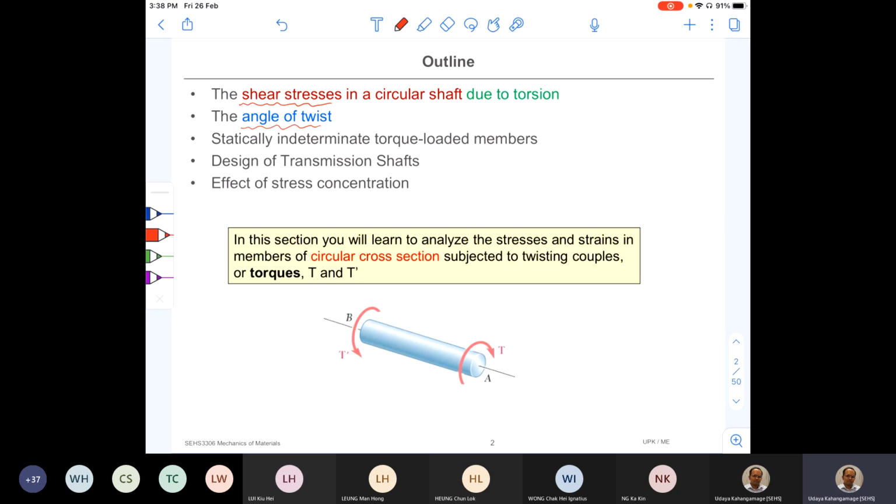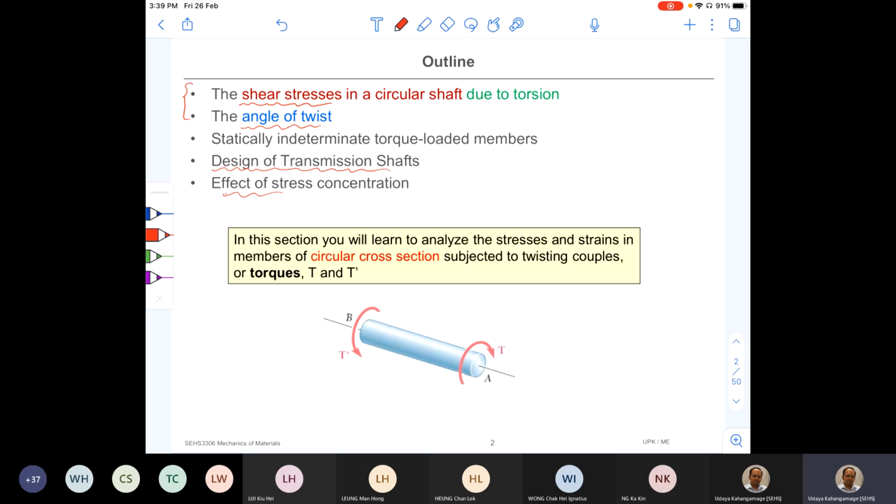Then by combining the concepts that we have learned, I'm going to introduce how to design transmission shafts which are subjected to torsion. Lastly, we will discuss the effect of stress concentration, which is very important when it comes to safe design of structures. So several topics, but today I'm going to concentrate only on the first 2 bullet points.